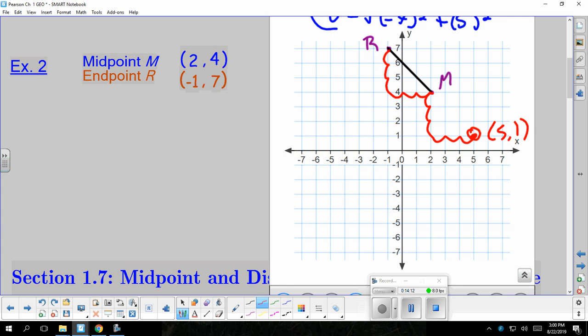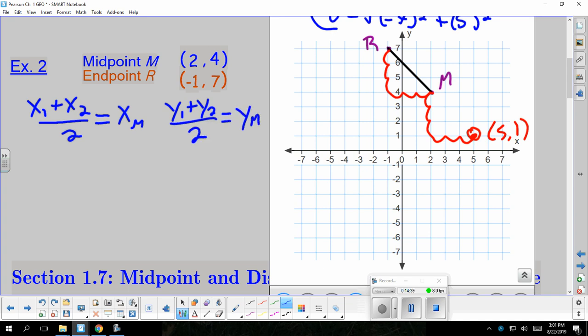Algebraically, it looks like this. We know that x1 plus x2 divided by 2 equals x of the midpoint, and I know that y1 plus y2 divided by 2 equals the y for the midpoint.